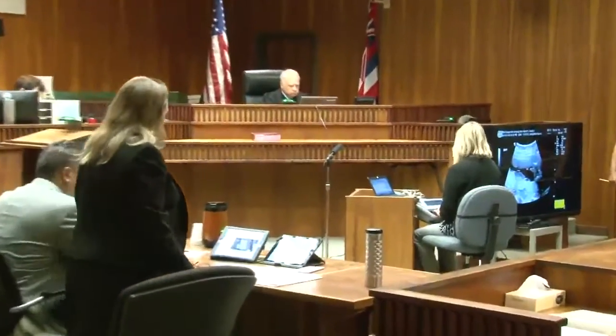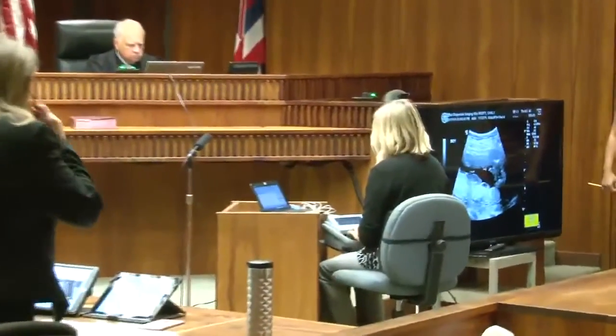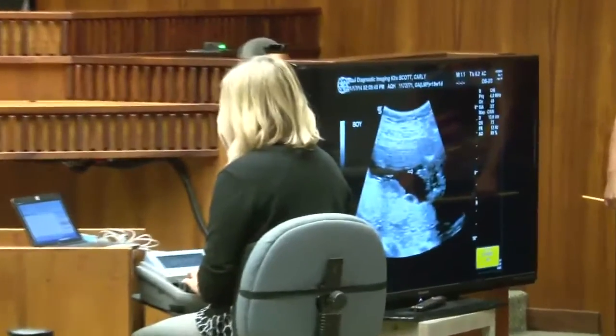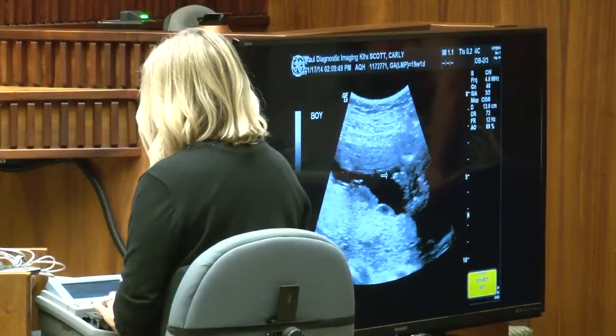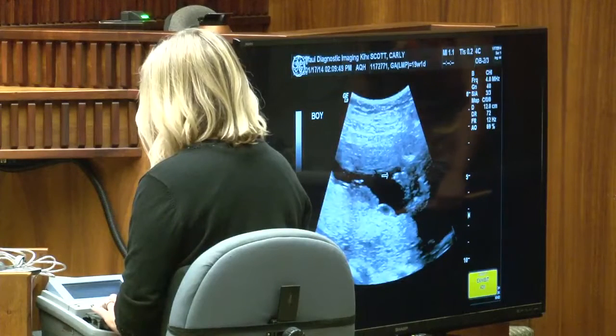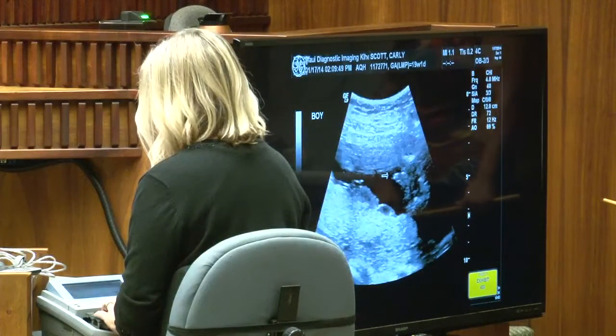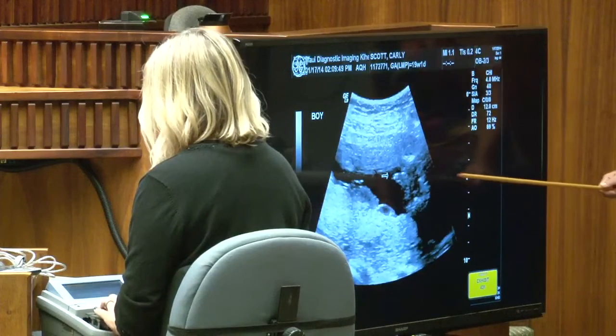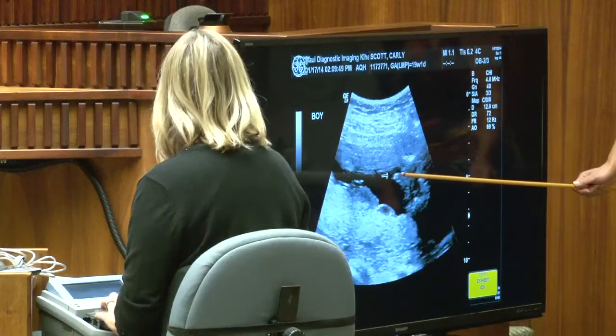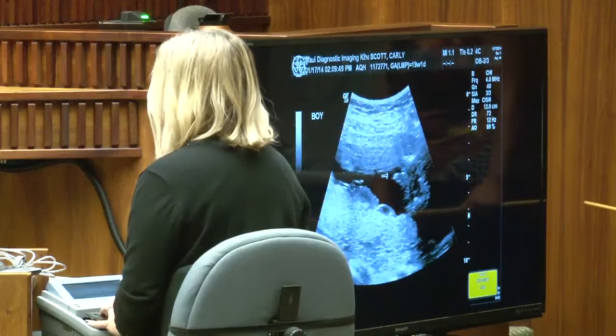Ms. Hayward, turning your attention to State's 431 in evidence, do you recognize this image? Yes. Did you take this? Yes. Of the patient, Carly Scott? Yes. Now, will you tell us what we're looking at in this sonogram image? Sure. The arrow is pointing to the penis of the fetus.